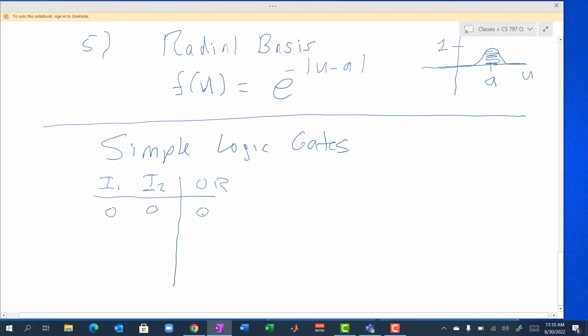And so this OR gate, if a 0 and a 0 go in, then neither input is high, so it's a 0. If either one of the inputs is a 1, then we get a 1 out, and if both are a 1, we get a 1 out as well. So this is the OR applied to the 2 inputs.